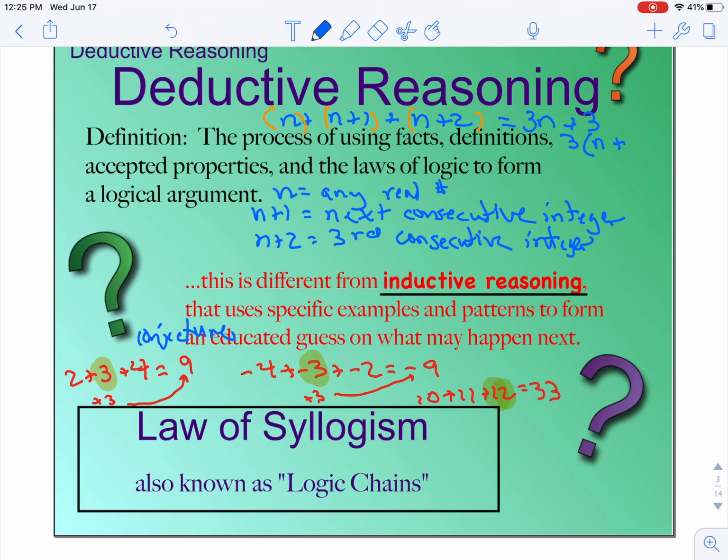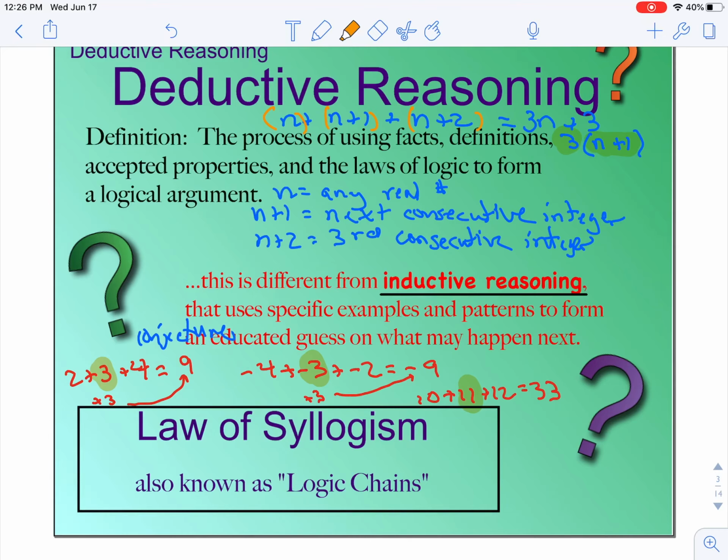If we factor out a 3, that gives us 3 times n plus 1. So we have 3 times our middle number, and that's using deductive reasoning, using accepted math properties and facts to come to the same conclusion as the conjecture we made: the sum of 3 consecutive integers is the middle integer times 3.